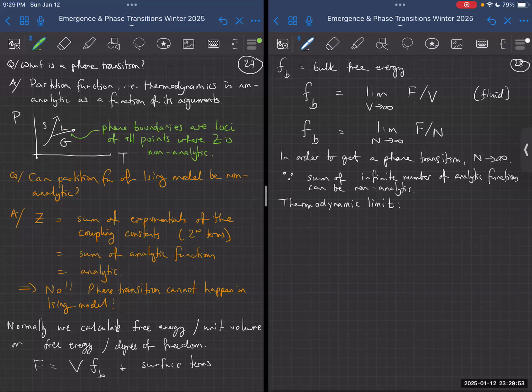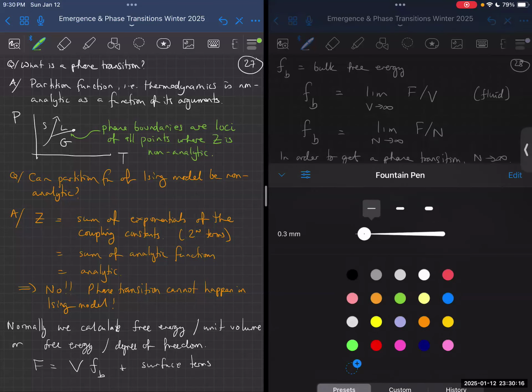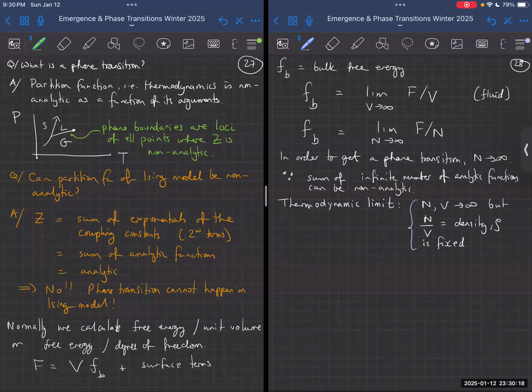And by that, what I mean is you take n goes to infinity, V goes to infinity, but the ratio of n over V is equal to the density, say rho, and that is fixed. And that would be what you would have if I had the thermodynamic limit for a fluid.